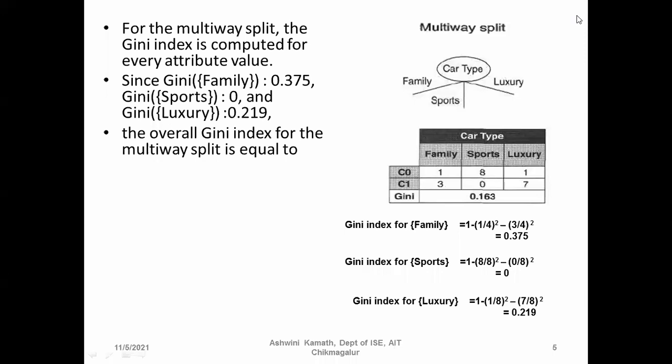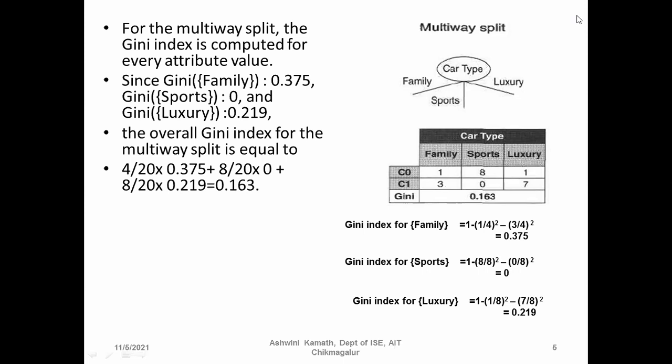The overall Gini index for the multi-way split is equal to, now add all these values in the table: 1 plus 3 plus 8 plus 1 plus 7, which is equal to 20. Among that, 4 values belong to family. So 4 divided by 20 into the Gini index of family, which is 0.375, plus 8 belongs to sports car.